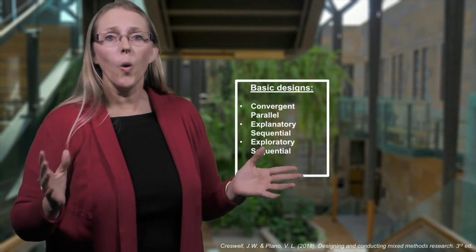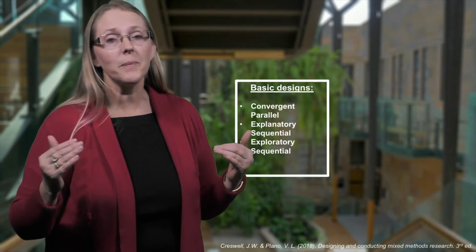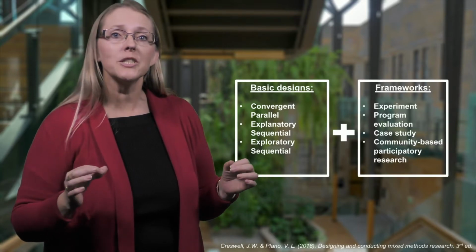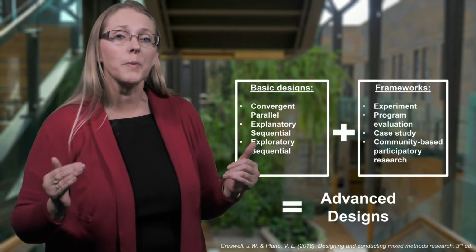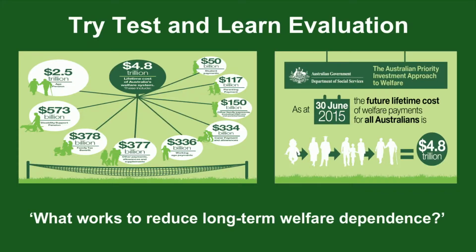These designs always incorporate at least one of the basic designs, which is added to a larger framework such as an experiment or case study. In one of the largest social science evaluations in Australia, the Try, Test and Learn evaluation, we are using an embedded mixed methods design to answer the social question, what works to reduce long-term welfare dependence?